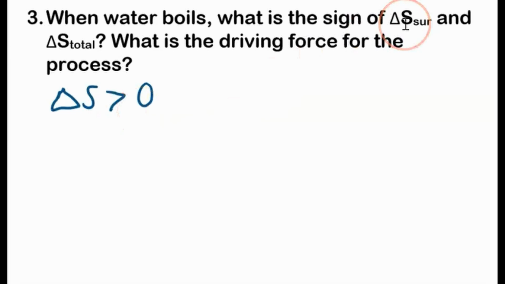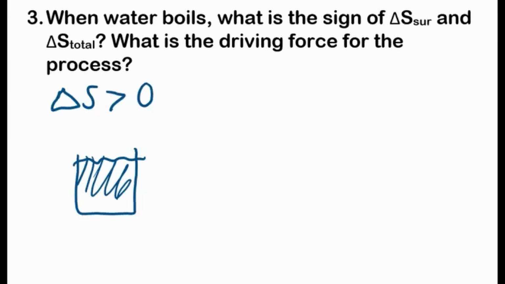Now, what about the surroundings? If we have our water here and some surroundings, say we're causing fire or something like that, we have heat transfer into the system. So the entropy change of the surroundings is actually going to be negative because we're pumping this energy into the system.